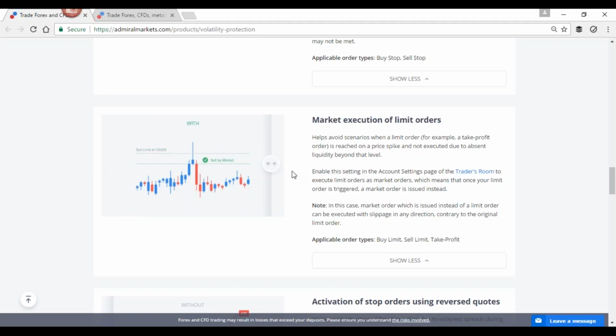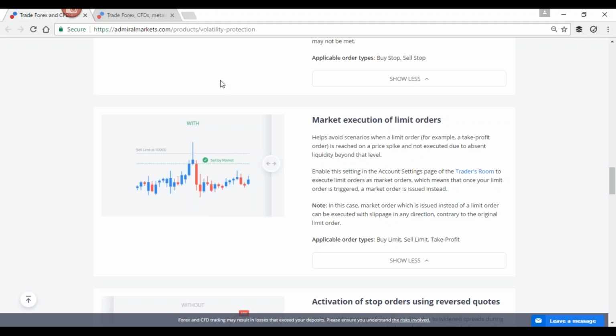Whereas with this, you would not have the order at the sell limit because price just was there for a second and went back, but you would have a market order at a probably lower price with the sell in this case, slightly lower price. But well, it depends. I'm not sure if it's slightly, but you would be in the market at a different price than your limit, but you would be in the market.